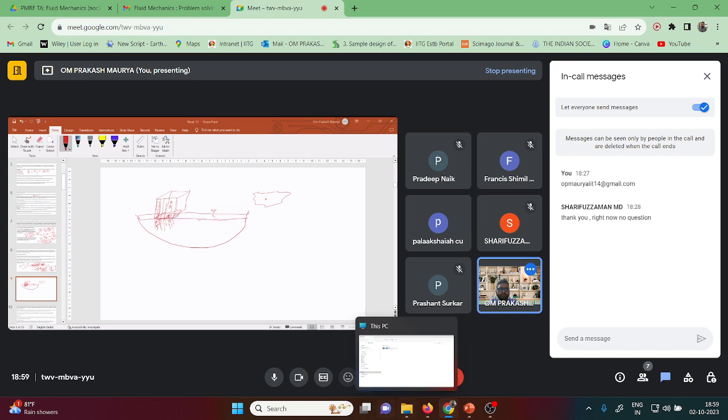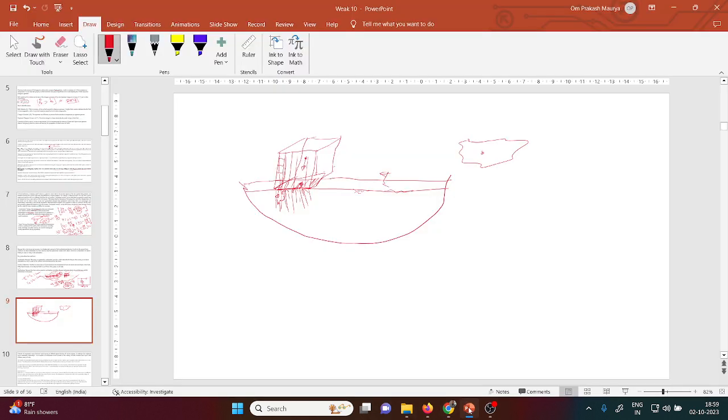Let me see. If the body is oscillating, let's say I make the ship like that, and your ship is oscillating, sometimes this region reaches up to that, and this region reaches up to that.